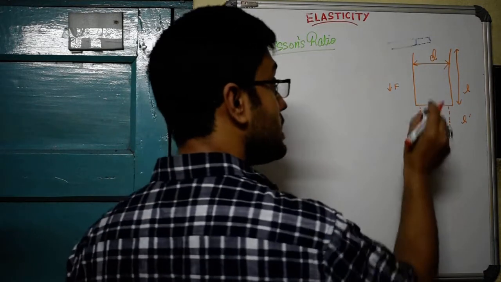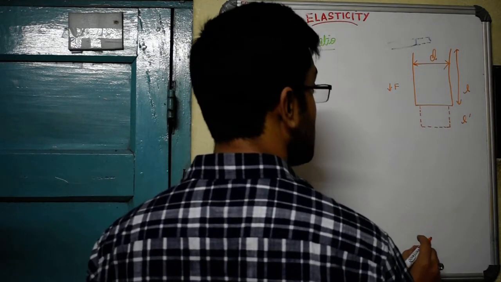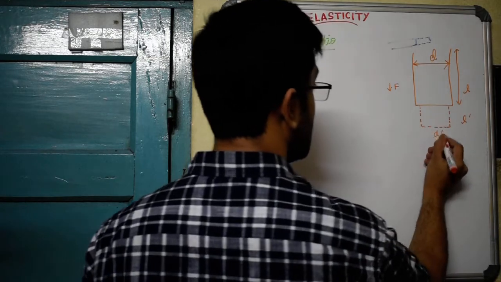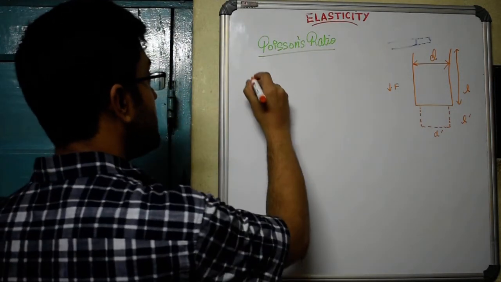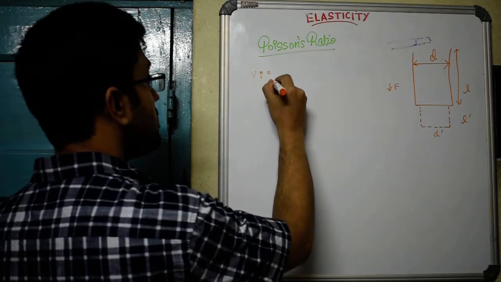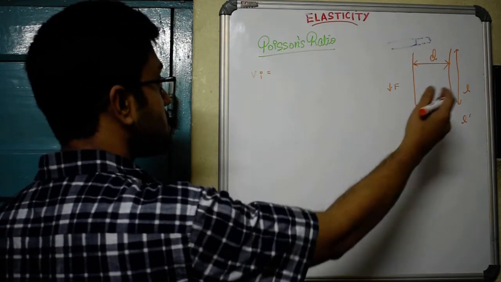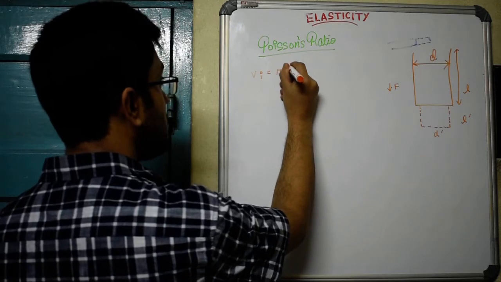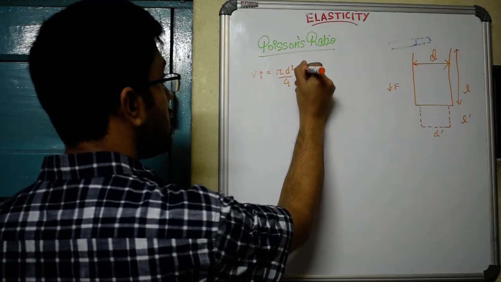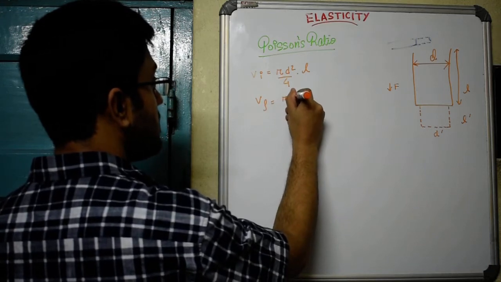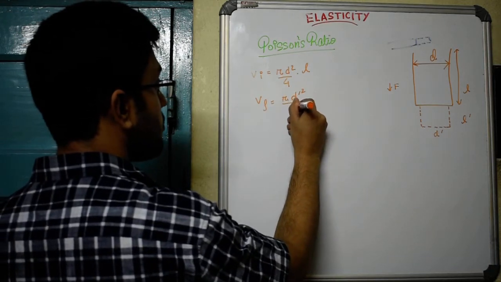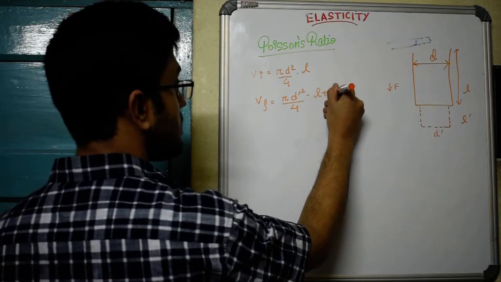Then there will be a decrease in its diameter as well, and the new diameter will be d dash. Because if you look into it like this, the initial volume is equal to area of cross section into length, so it is pi into diameter square by 4 into the length, and the final volume is pi into the new diameter square by 4 into the new length.